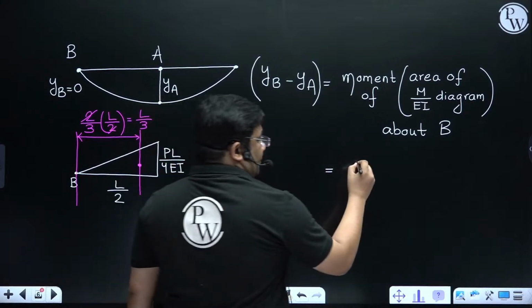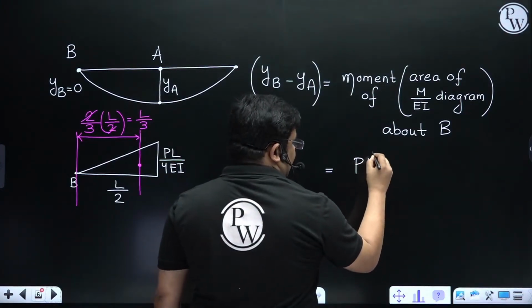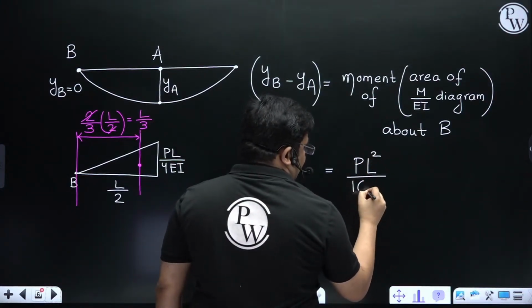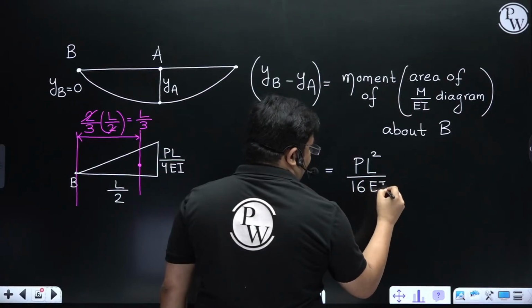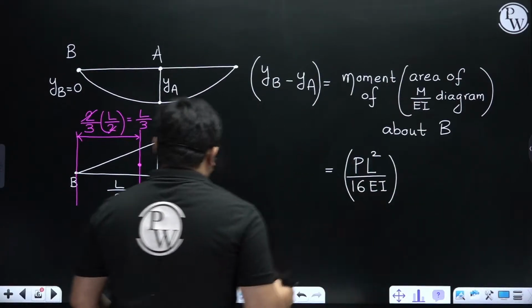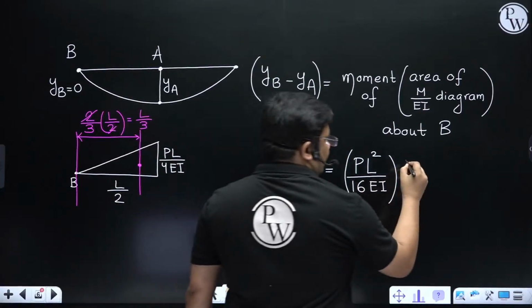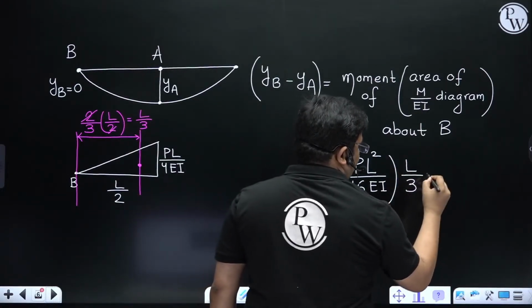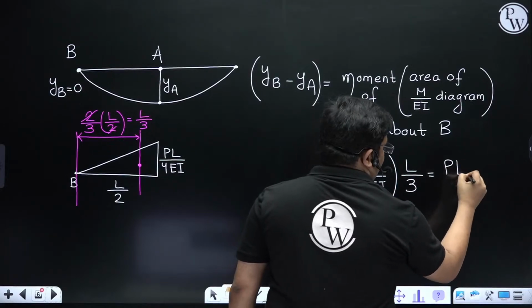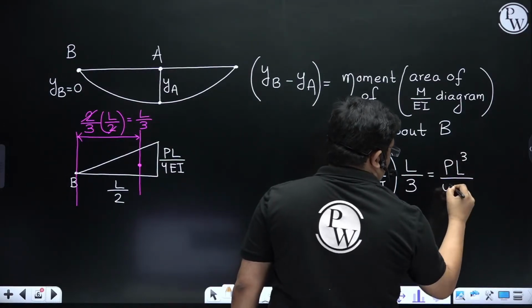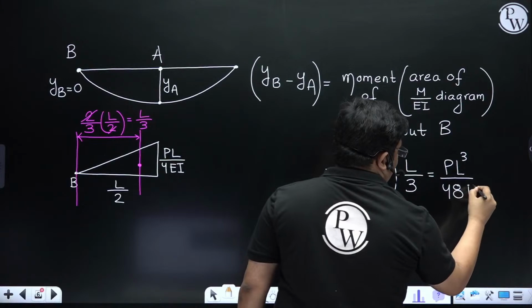So PL square by 16 EI is the area, and we take the distance of the centroid from B, so L by 3. So we get the expression PL cube upon 48 EI.